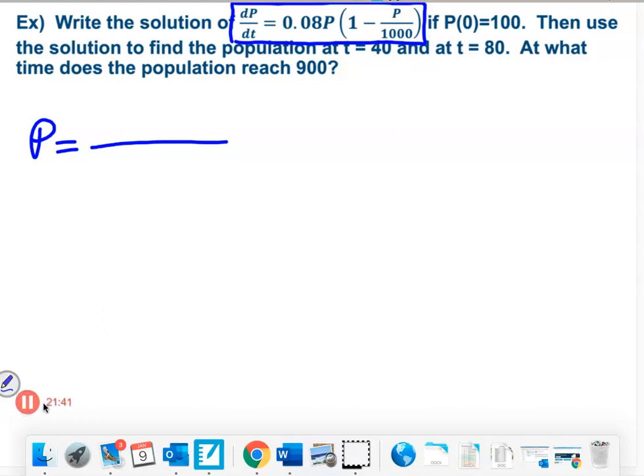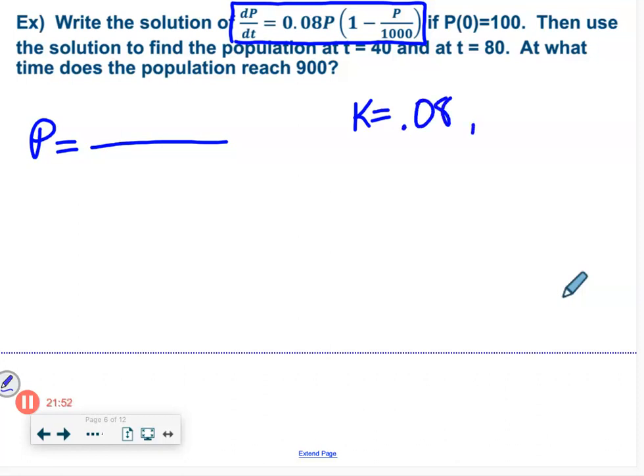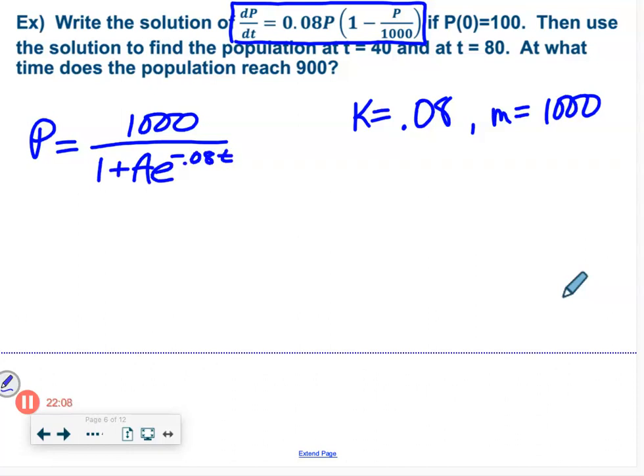Right, for this problem, what's K? 0.08. What's M? 1,000. So what number goes on top? 1,000. What number is always over here? 1 plus A e to the negative 0.08t. Did everyone get that for your initial setup?